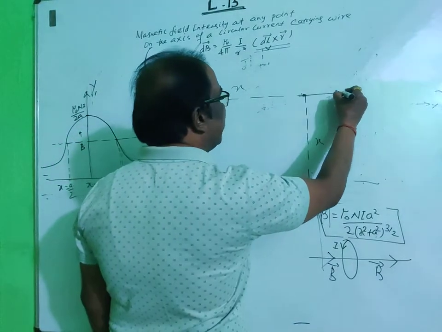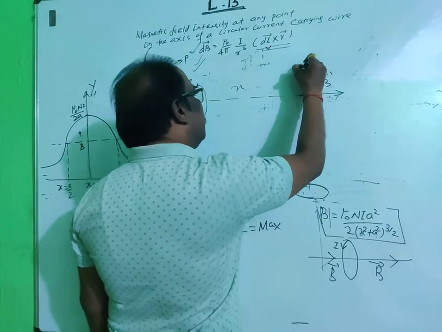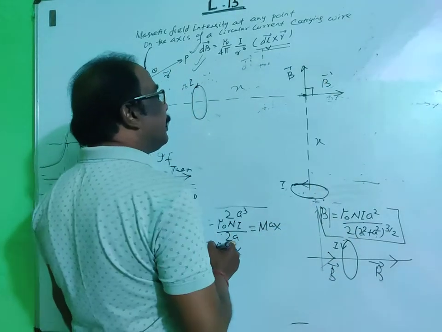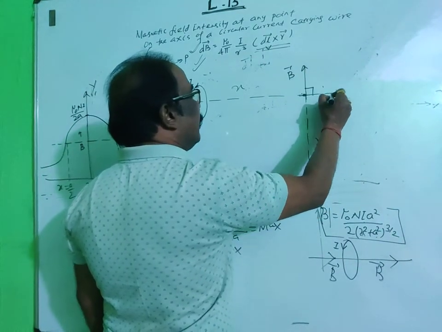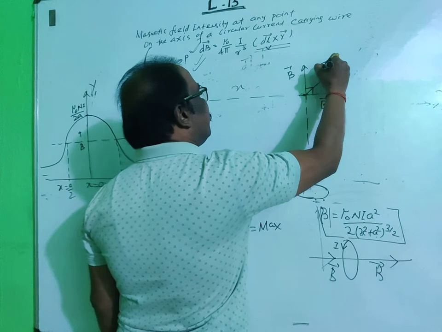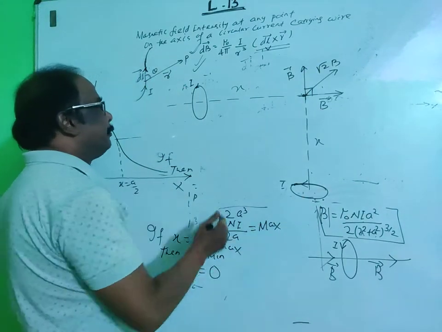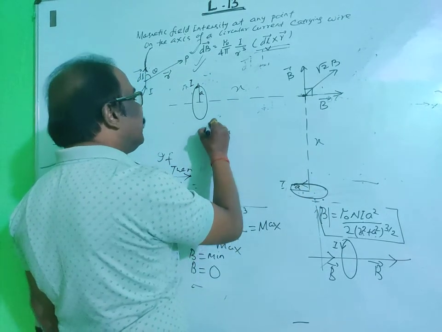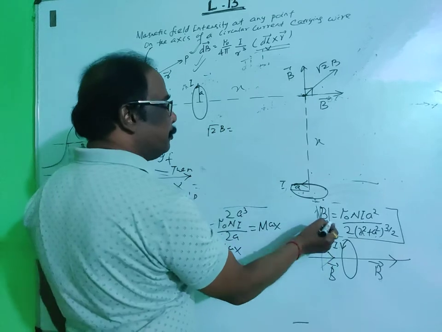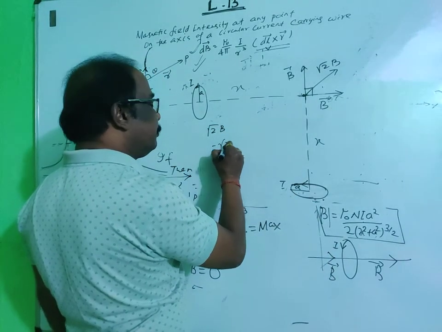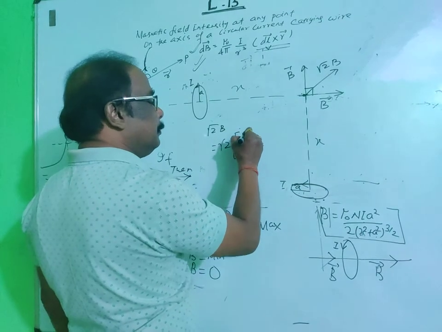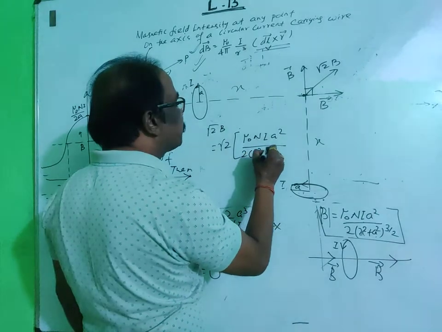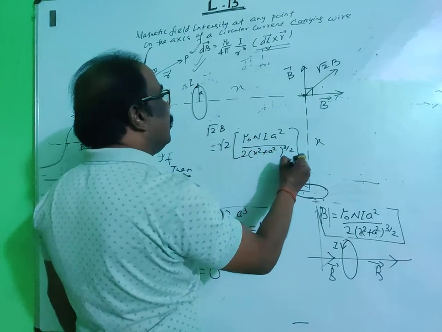So this is the direction of magnetic field B, and this is also the direction of magnetic field B. Then the angle between them is 90 degrees. Then the resultant magnetic field is root 2 B. If the radius is a, then the resultant magnetic field is root 2 times mu naught a square divided by 2 into (x square plus a square) to the power 3 by 2.